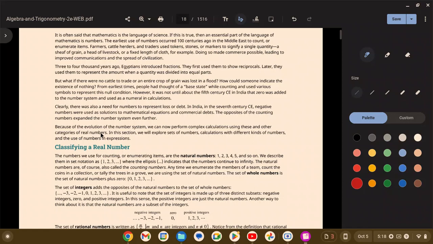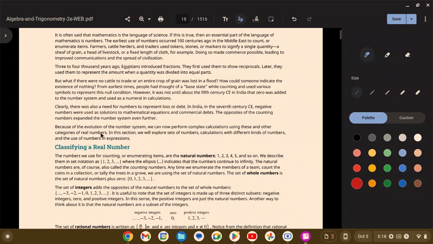Doing so made commerce possible, leading to improved communications and the spread of civilization. 3 to 4,000 years ago, Egyptians introduced fractions. They first used them to show reciprocals. Later, they used them to represent the amount when a quantity was divided into equal parts.